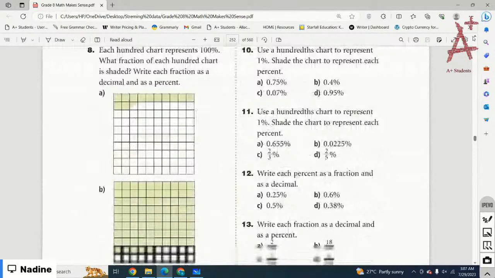So you can make the hundreds chart and color the 75 squares. Got it? Then you have 0.4%. That means you can just color 4 of the squares out of 100. Got it?